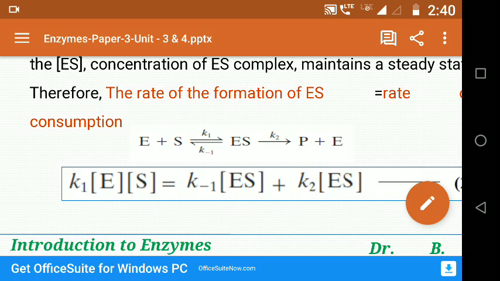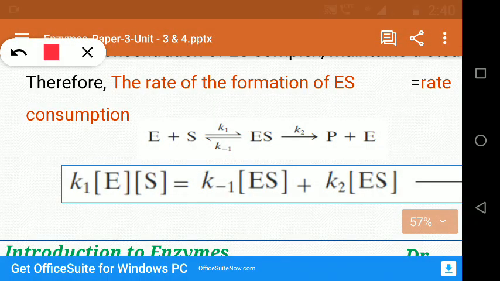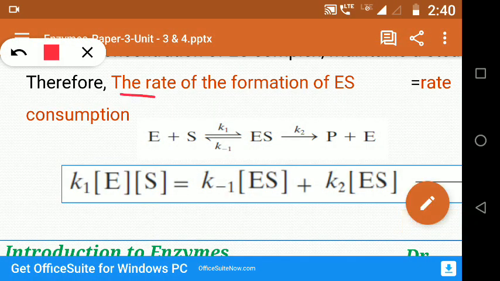Okay, so according to the law of mass action, we will try to get the equation for this steady state assumption. So first thing is the rate of formation of ES. How is the ES formed?